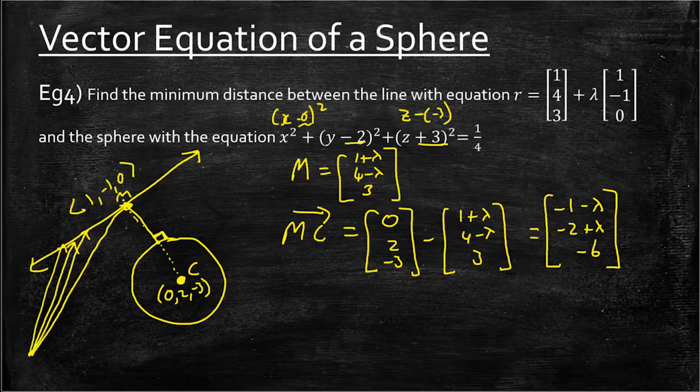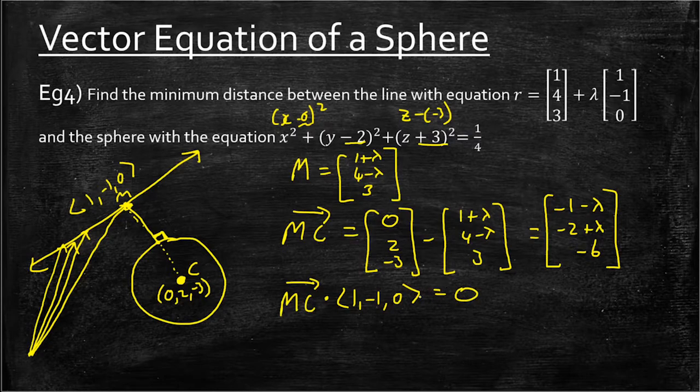Now, we know that the vector MC must be perpendicular to the direction of the line. So we know that MC dot the direction of the line, which is 1, negative 1, 0, must equal 0 because those two are perpendicular, and a property of perpendicular lines is that the dot product equals 0.